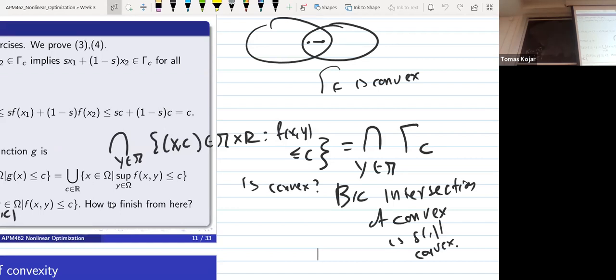What is H? Oh, it's this guy. Oh, you have to show that the minimum is contained there, or what? Is it the same question? It's the second question.